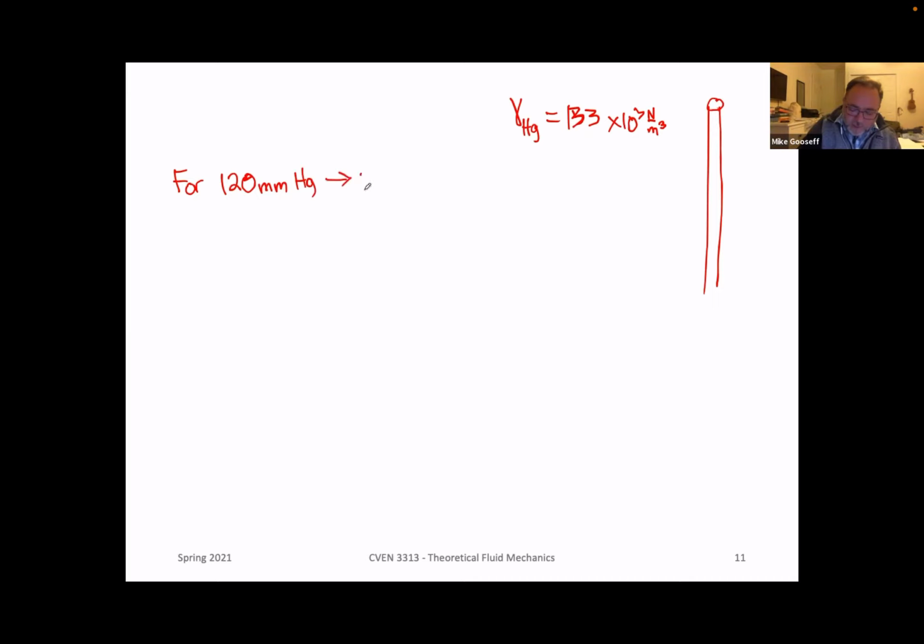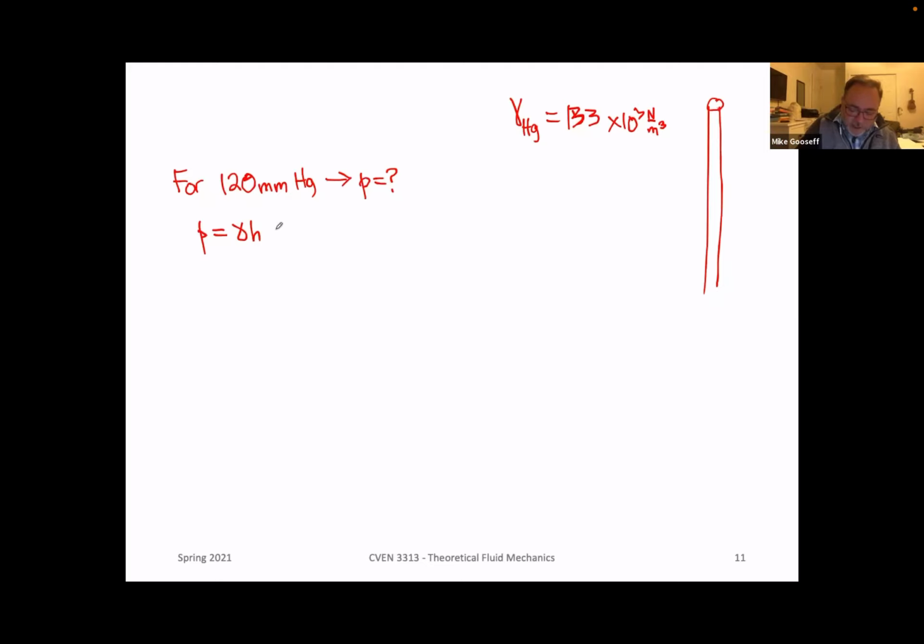What actual blood pressure are we getting? We can figure that out by writing the very simple equation: P is equal to gamma times h, where there's some pressure that is pushing up this 120 millimeters of mercury.